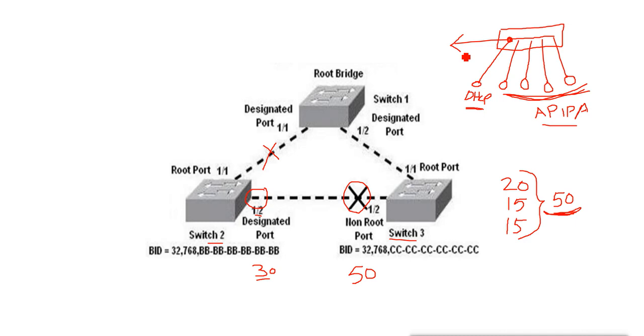It will skip the STP states. When we configure any port of the switch as a port fast, it will skip the process of STP and go directly to the forwarding state.